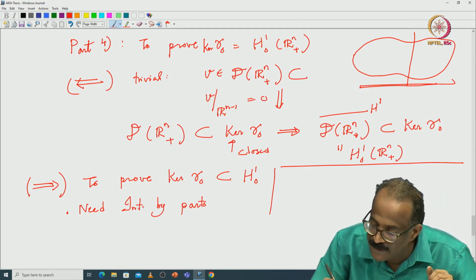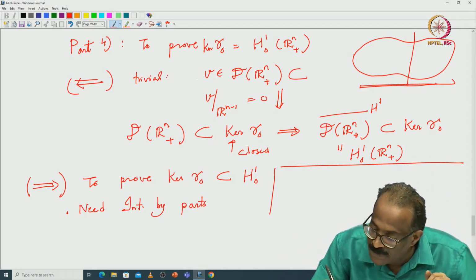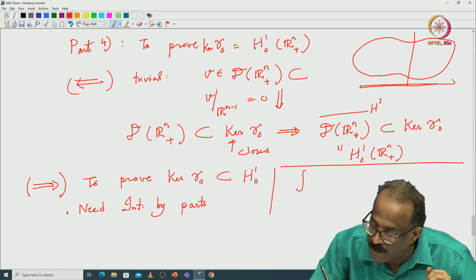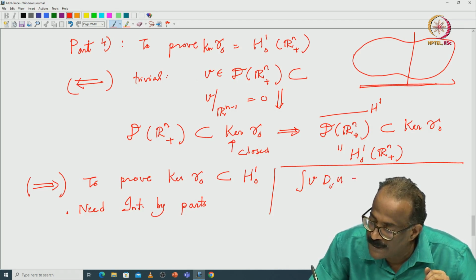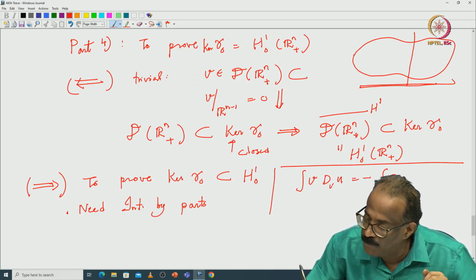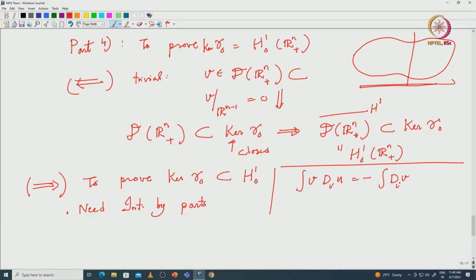So, from the trace theorem, the integration by parts formula is: the integral of v d_i u equals minus the integral of d_i v u, for all u, v in H^1 of R^n_+. This is the trace theorem you have proved. I am specifically writing this for 1 less than or equal to i less than or equal to n minus 1. There is no boundary term.